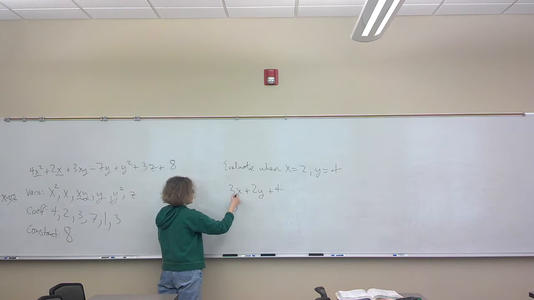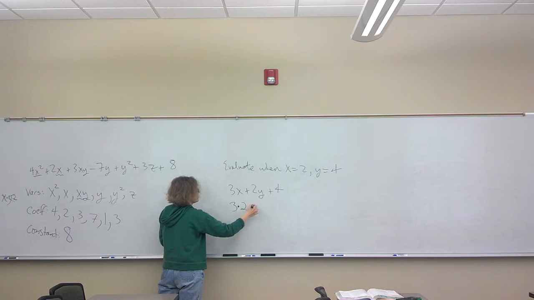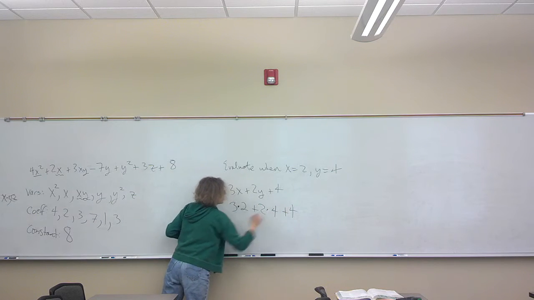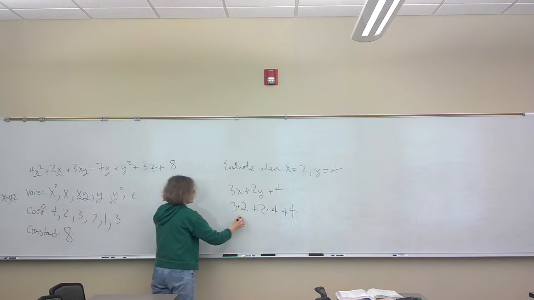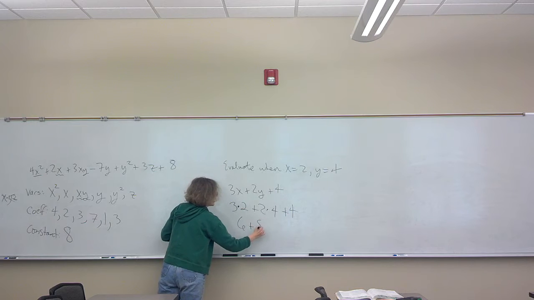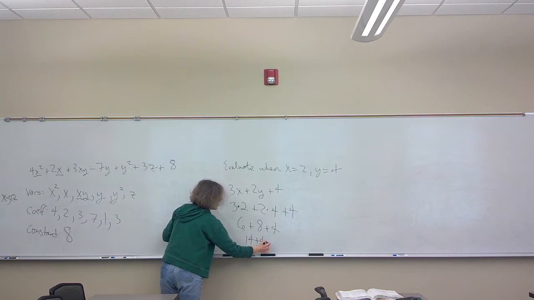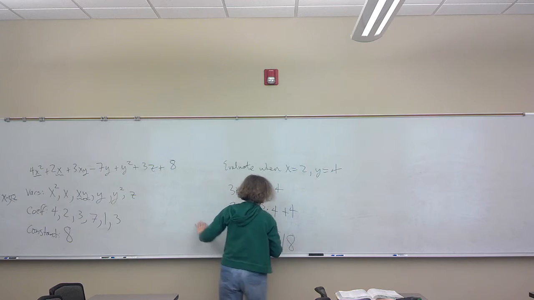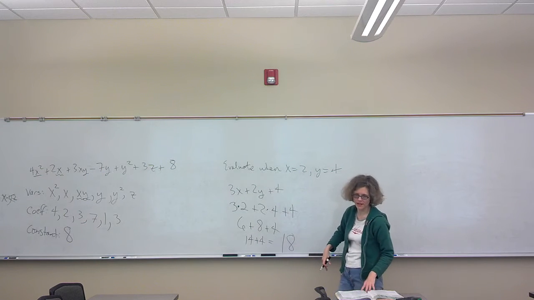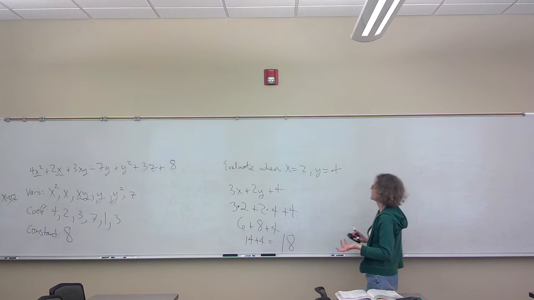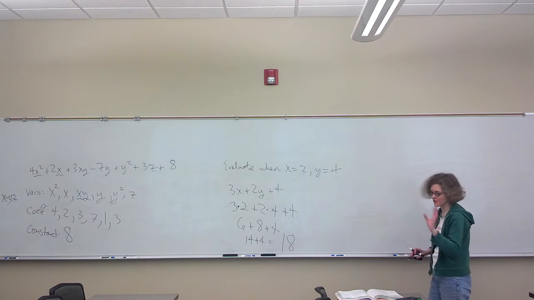So if this is 3, remember this times the 2, plus 2 times the 4, and then we have the 4 on the end added to it. So 3 times 2 is 6, plus 2 times 4 is 8, plus 4 is 14, plus 4 is 18. Notice we're still using our Sally rules: parentheses, exponent, multiply, divide, add, subtract. That never changes.